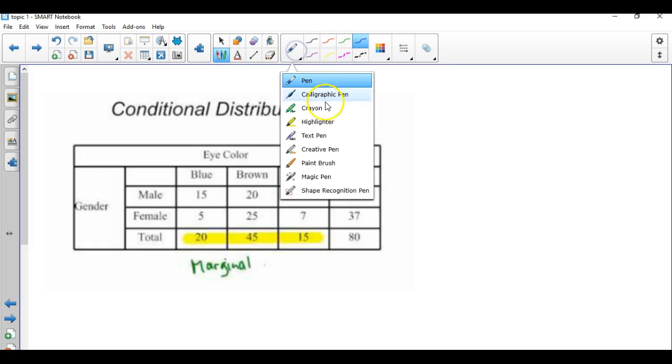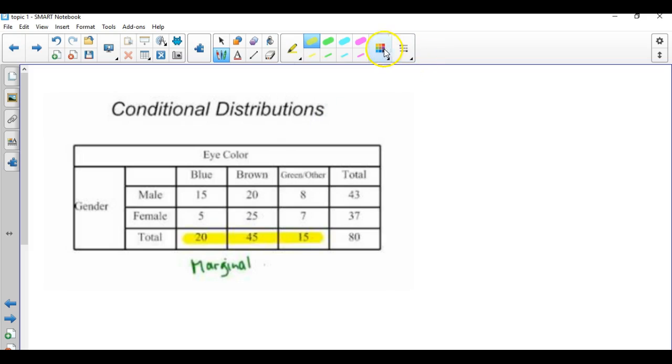I'm going to use my highlighter here, and I'm going to show you the conditional part. So this column right here is the distribution of eye color that is conditional on if it's a female or a male. Here's part of a conditional distribution as well: the eye color brown, dependent on if they're a male or female. And you can look at that the other way around as well.